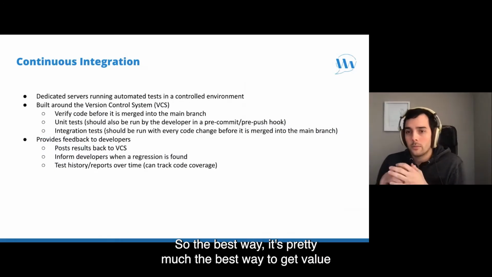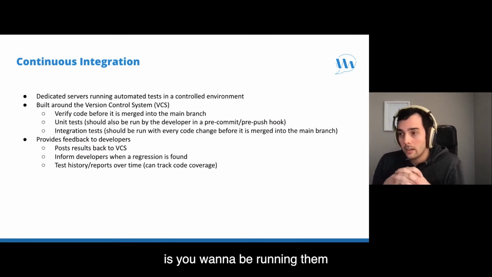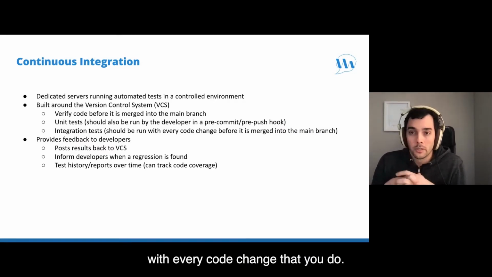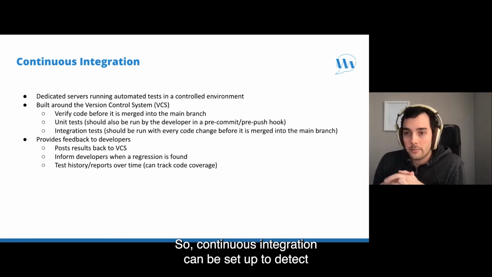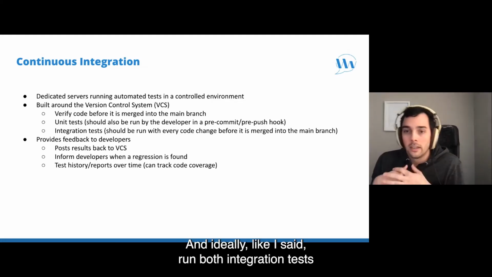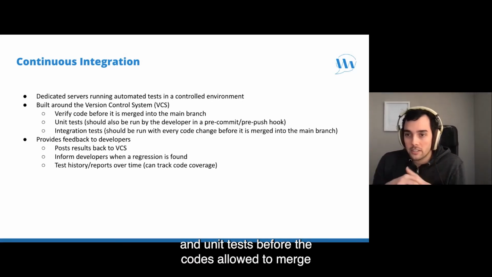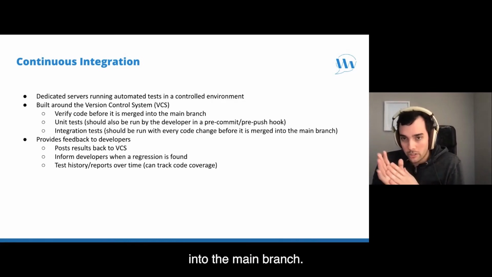It's pretty much the best way to get value from integration tests, because what you really want to do is run them with every code change that you do. So continuous integration can be set up to detect when a developer has proposed a new change, like we saw there. And ideally, like I said, run both integration tests and unit tests before the code's allowed to merge into the main branch.